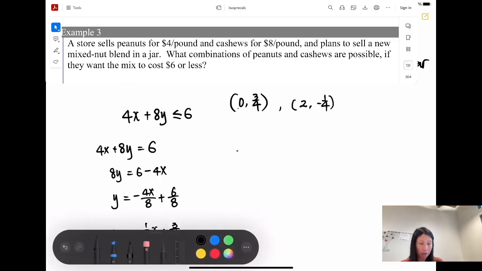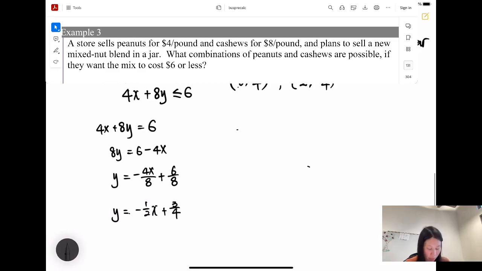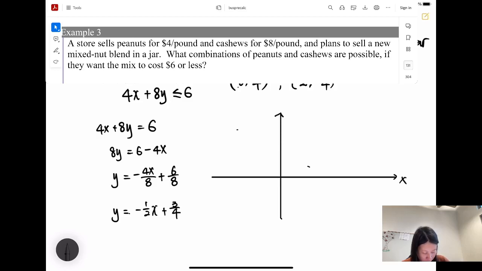Now let's graph it. Remember, x is the weight in peanuts, and then y is the cashews.